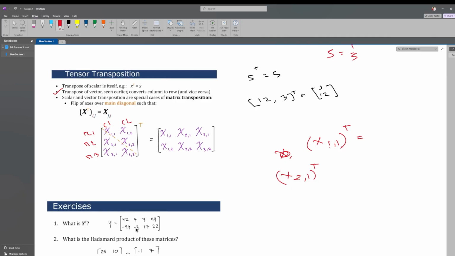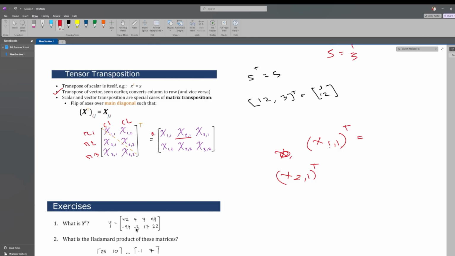So it was in row 2 column 1, but when we use the transpose, it flips. The value will go to column 2 row 1 here.